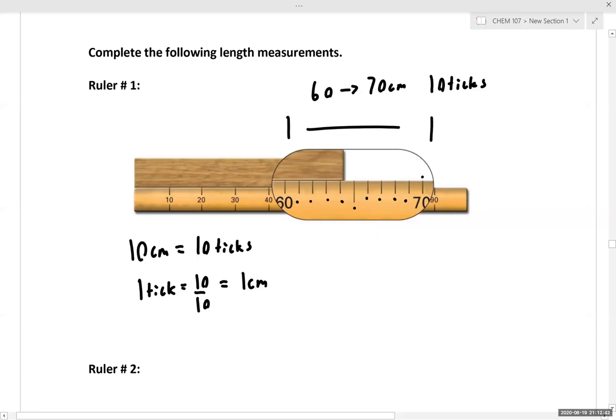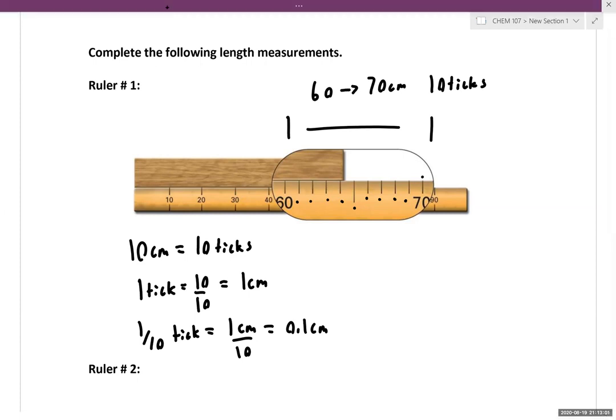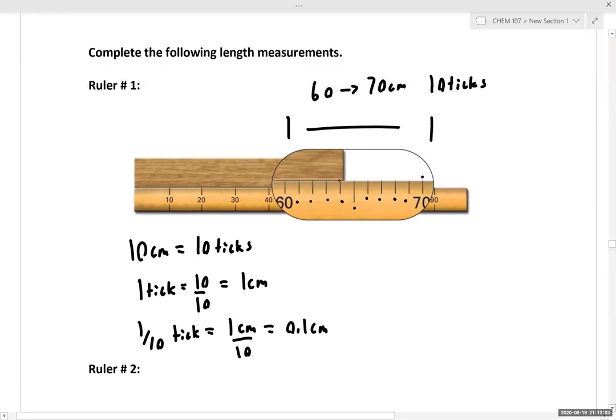Now, to figure out where we can report our estimated digit, we know 1/10 of a tick is equal to 1 tick, which is 1 centimeter, over 10, which gives us 0.1 centimeters. Now that we have these parameters outlined, we report our certain digits. We're around 64 centimeters.